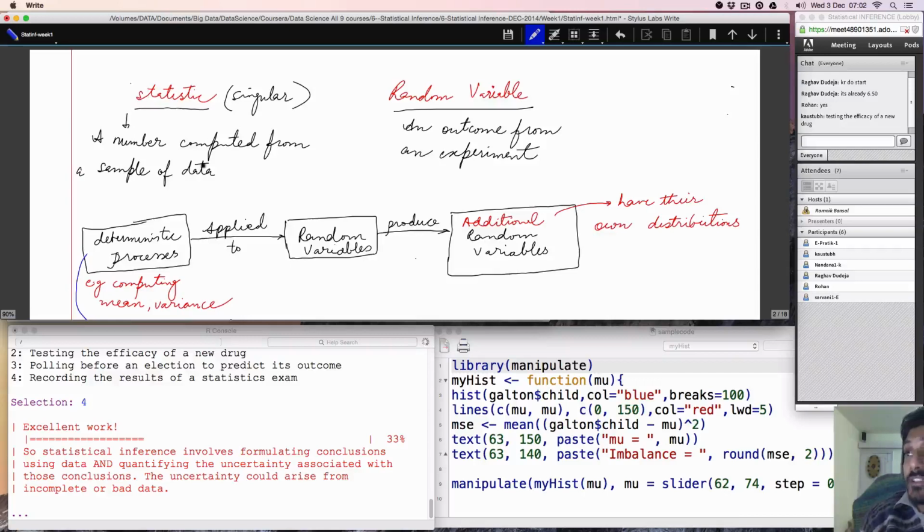Like that, each of these are statistics, right? Singular, statistic. So we have statistics that are computed from the sample data, and let's also look, we're just looking at certain concepts. What's a random variable? An outcome from an experiment, okay? Let's say the simple case of an experiment is rolling a die, right? So if I roll a die, what can be my outcome?